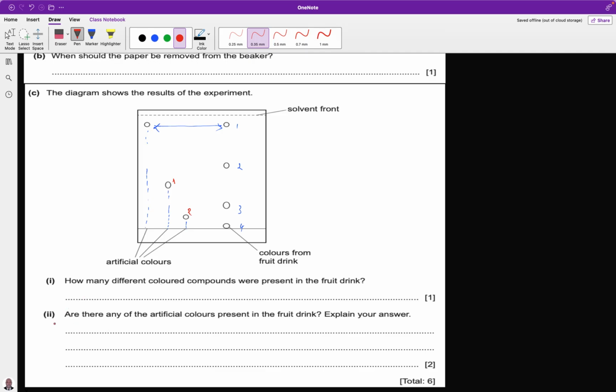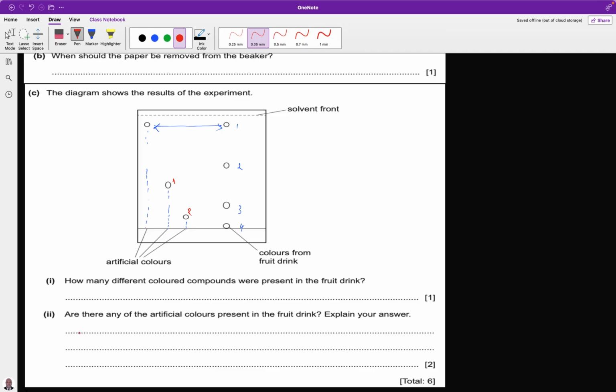Okay, C2, are there any of the artificial colors present in the fruit drink? Explain your answer. I have already explained it above here. Yes.